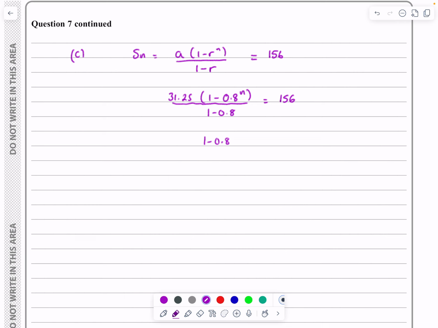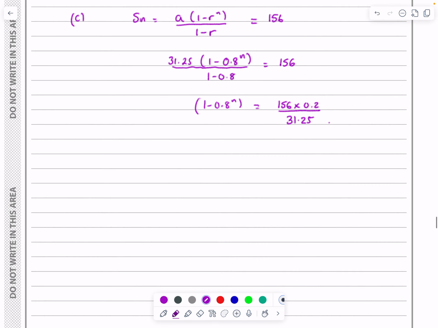So 1 minus 0.8 to the n is just 156 multiplied by 0.2, divided by 31.25. That works out to be 0.9984. Swap those over, then 0.8 to the n is equal to 0.0016.